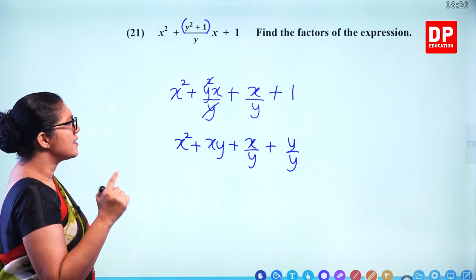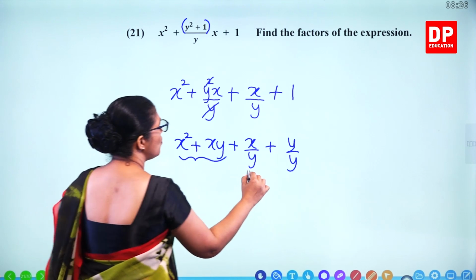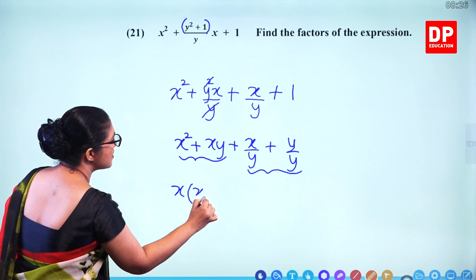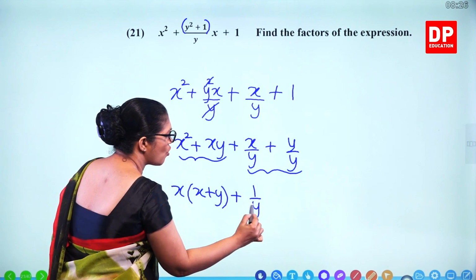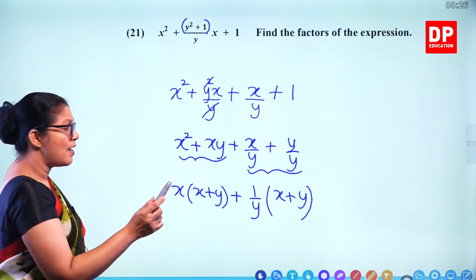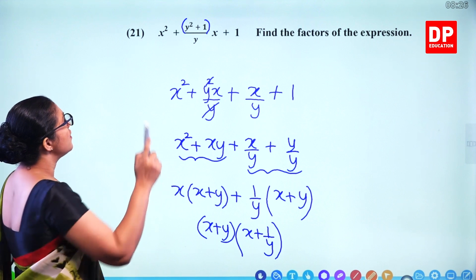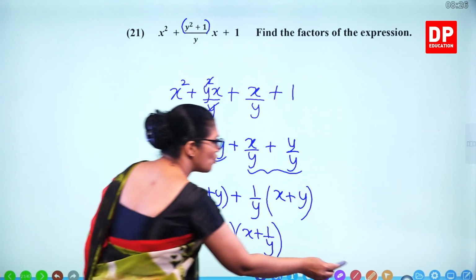So we can write 1 as y over y. Now we'll try to take factors. Take these 2 and these 2 and take the factors. When you take x out, it's x plus y. Here, 1 over y is common, take it out, x plus y. Now can you see, you get the same factor x plus y and the remaining factor x plus 1 over y. So in this one you get a fraction as well. So make sure that you split it. Instead of 1 you can write y over y. So you get 2 marks for that.